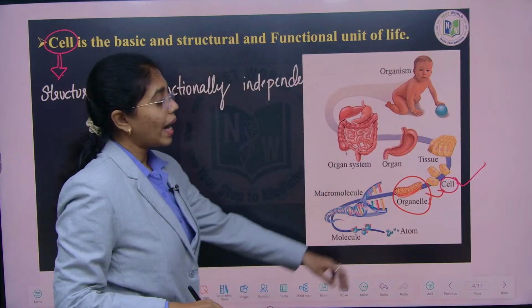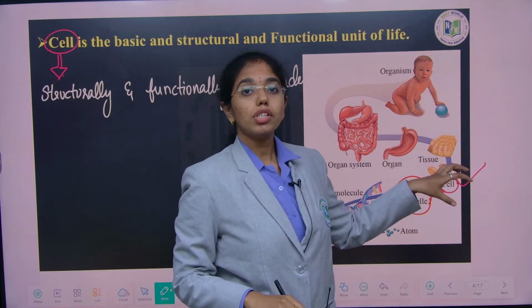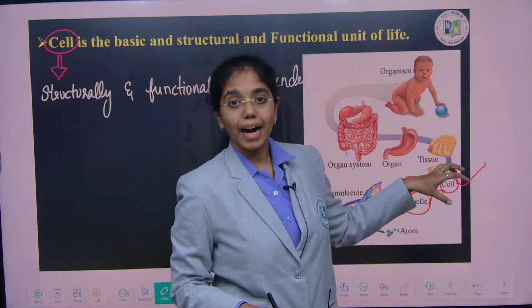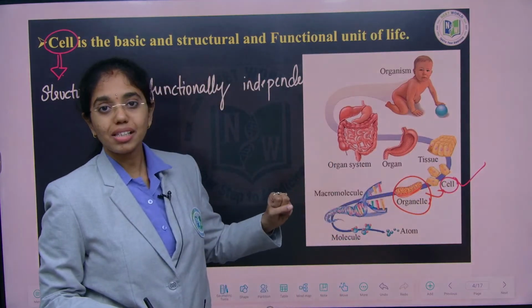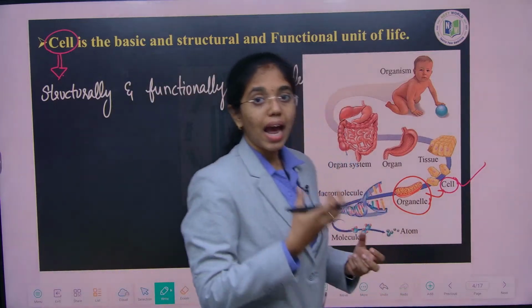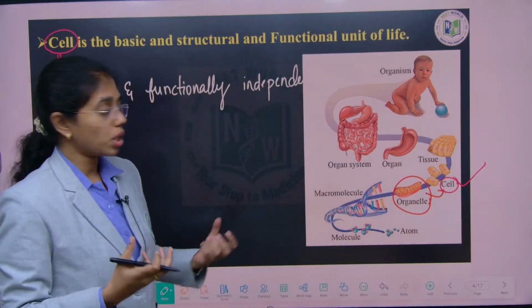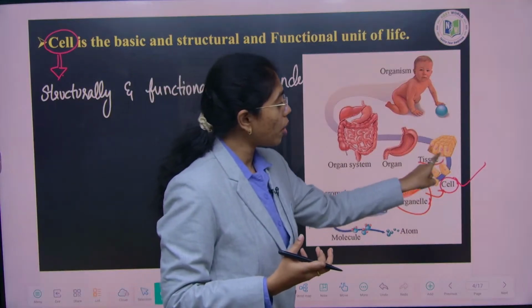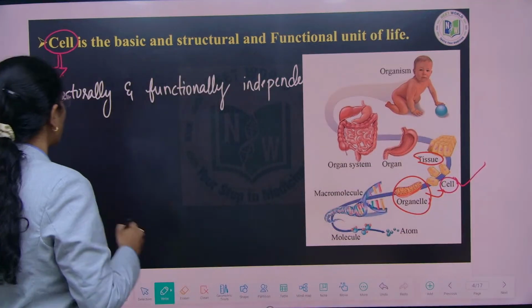Got it, ma'am? And then a group of cells which have the same origin and perform the same function will coordinate and form up a tissue. So what is a tissue?